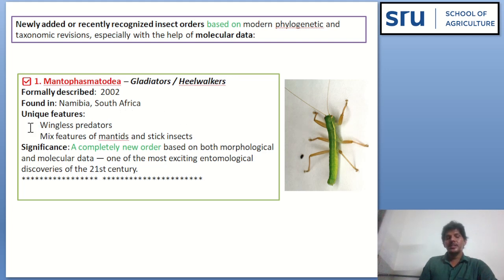Unique feature is that they are wingless predators. They possess a mixture of features of mantids and stick insects. Significance: a completely new order based on both morphological and molecular data. One of the most exciting entomological discoveries of the 21st century.